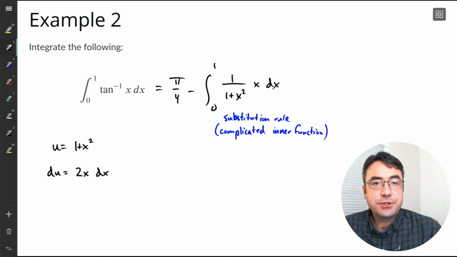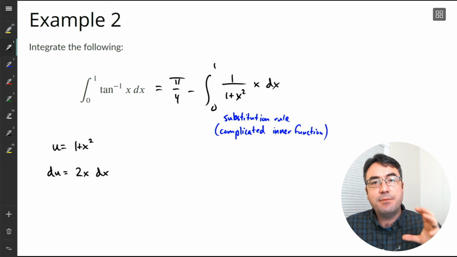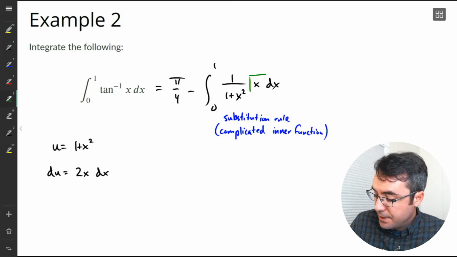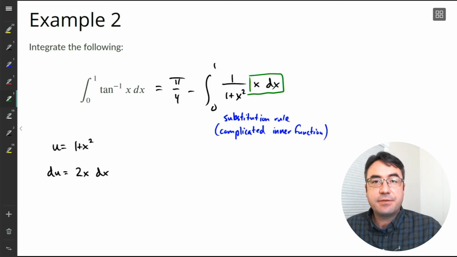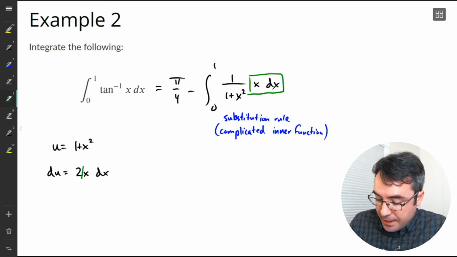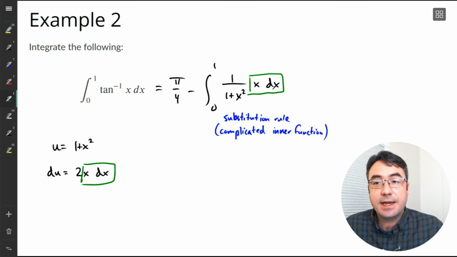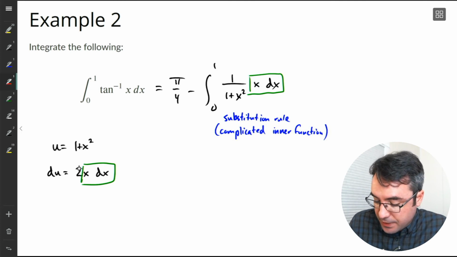And for substitution rule, this is where we need to match up our differentials, see how they compare. So if we look in our integral here, we have x dx. In our differential we just calculated, we also have an x dx, but we do have this extra constant.